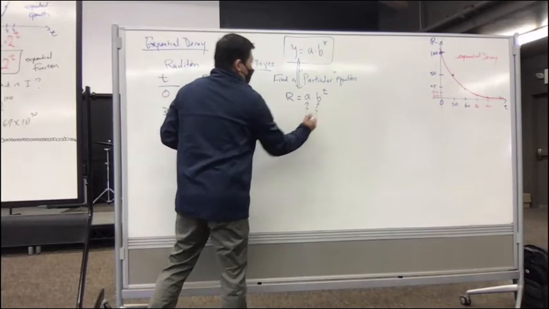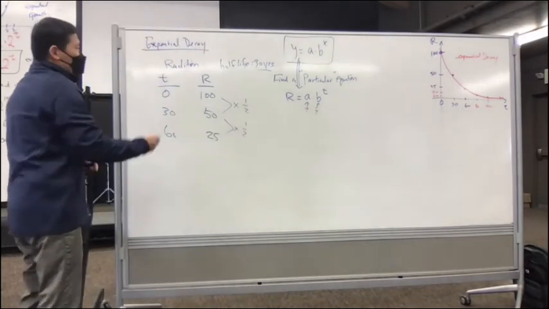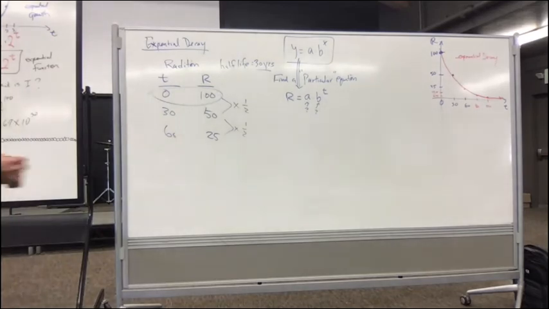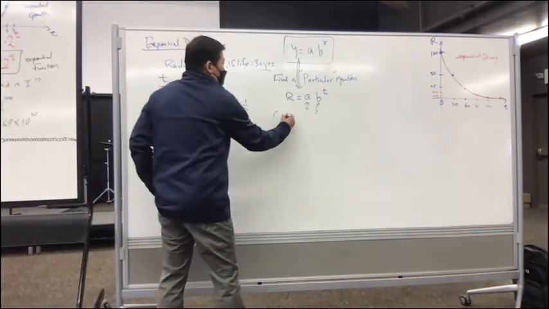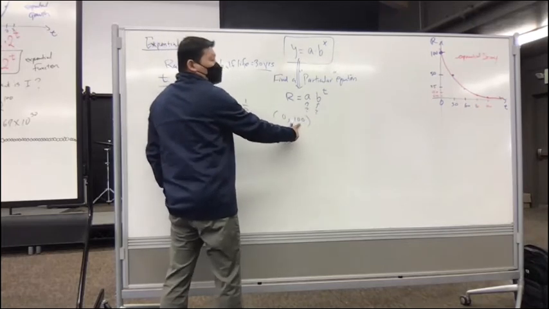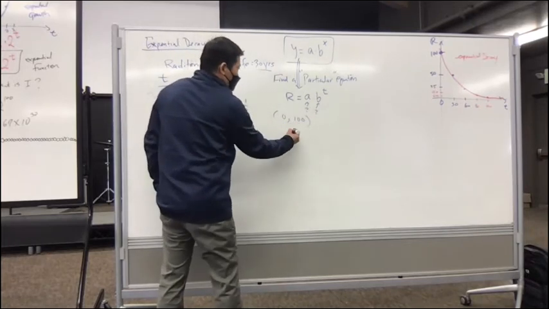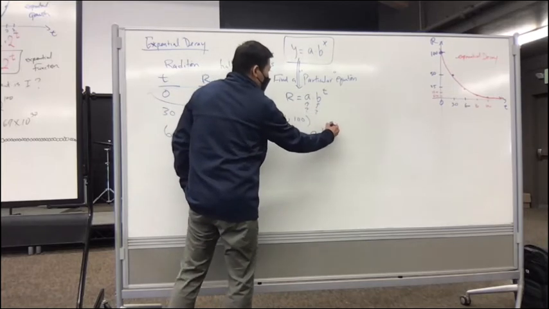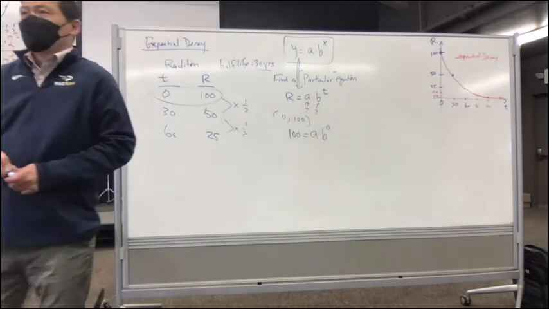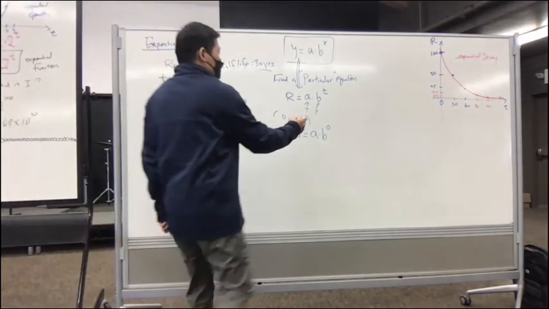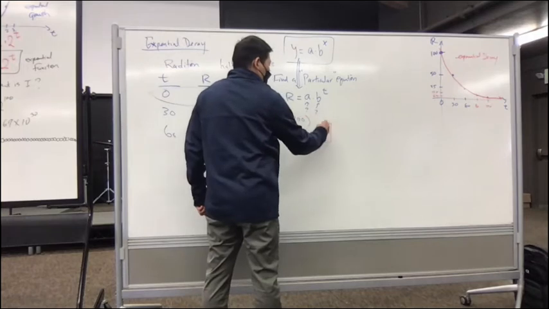We have no idea what they are, but we have the data to help us. 0 and 100. 0 goes to t, 100 goes to R, so it's 100 equal to A times B to the 0 power. Now, anything to the 0 power is what? 0.